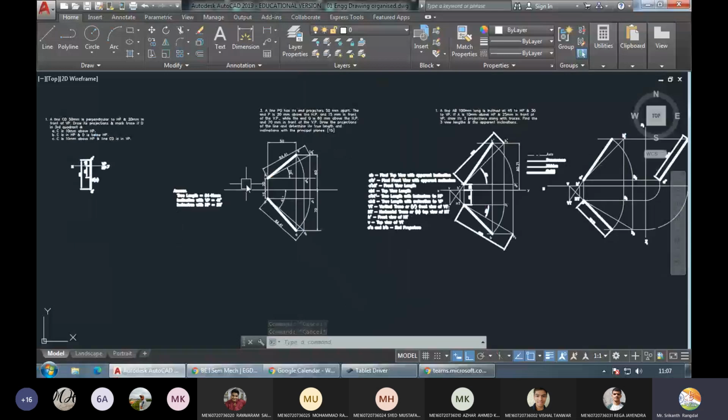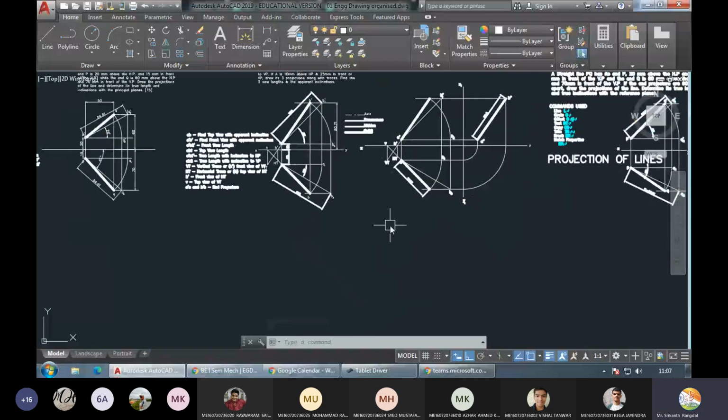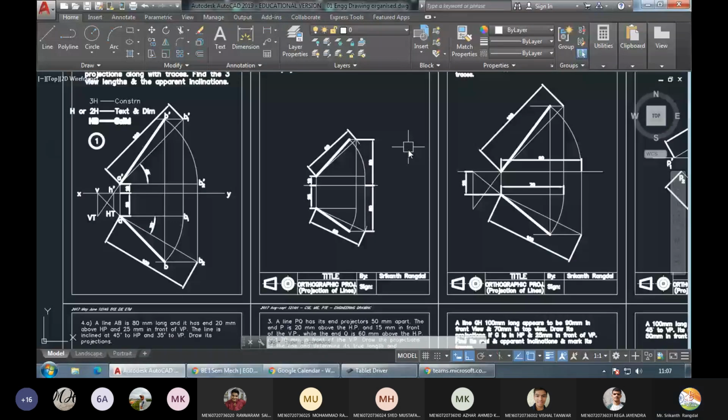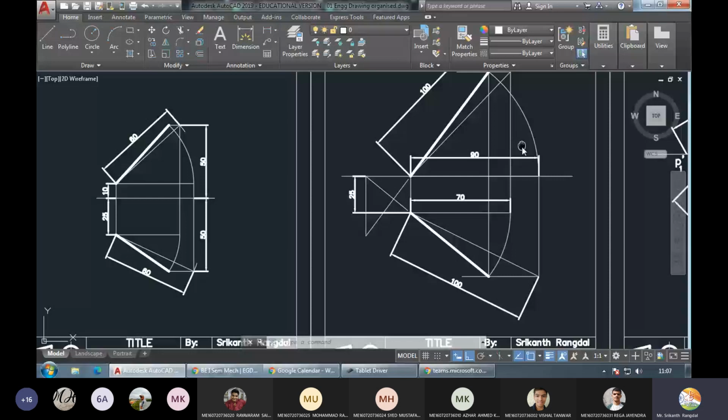We will take up one more problem and try to solve it. Let me take and segregate these here. Let us take a different one. Let's take up this problem.